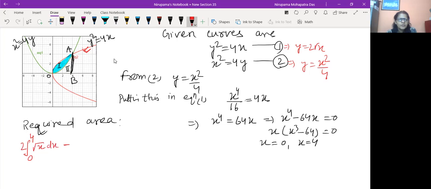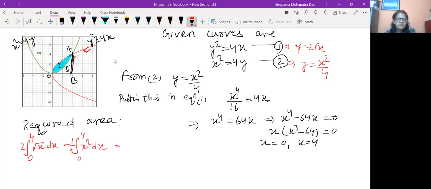But while taking this OAB, we are covering 1 plus 2, and we do not need the second region. So what we have to do is subtract. It is also 0 to 4, bounded by the second parabola, y equal to x square by 4, that is 1 by 4 x square.